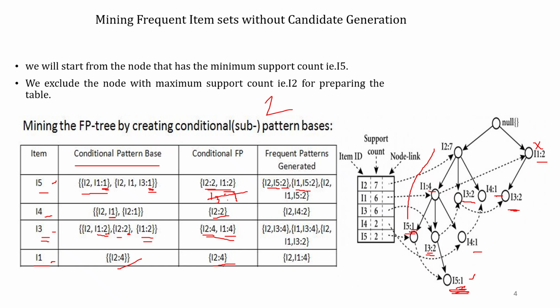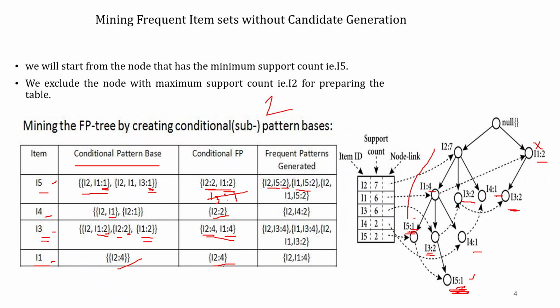When you come here, this is I1, I5, 2. So from I1, you have one I5 here, and again from I1 you have one I5 here. So again the occurrence from I1 to I5 is twice. That is why the support count is 2, because you have one support count here, one support count here, which is 2. Now what happens?